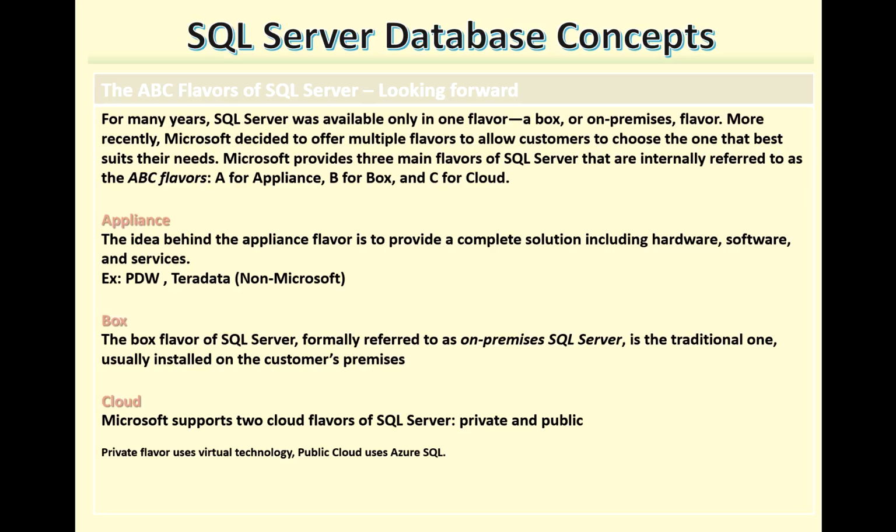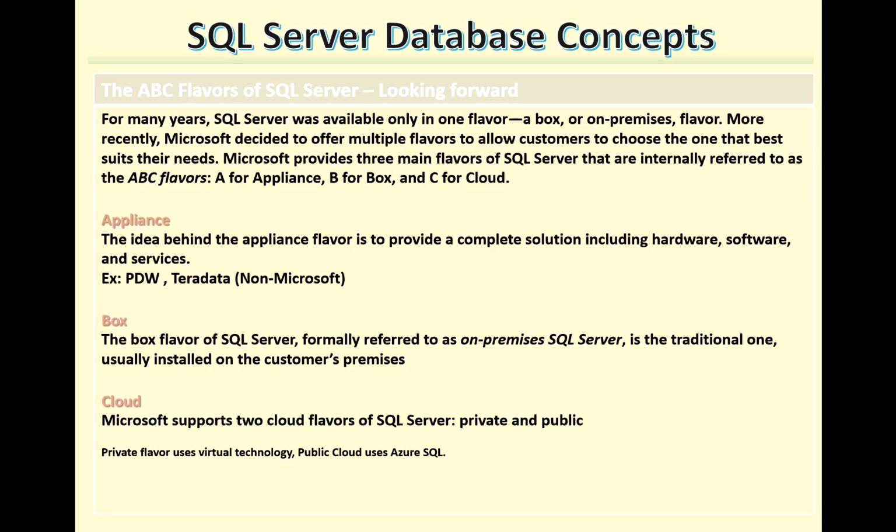So when you buy a PDW system, PDW is Parallel Data Warehouse, or it is called now ADW. When you buy a PDW system, what happens? Microsoft gives the hardware, software, operating system, everything bundled together. So you are getting everything as a whole.